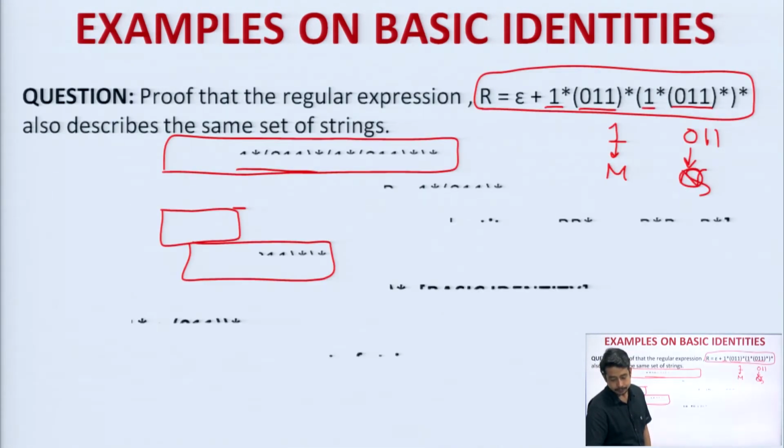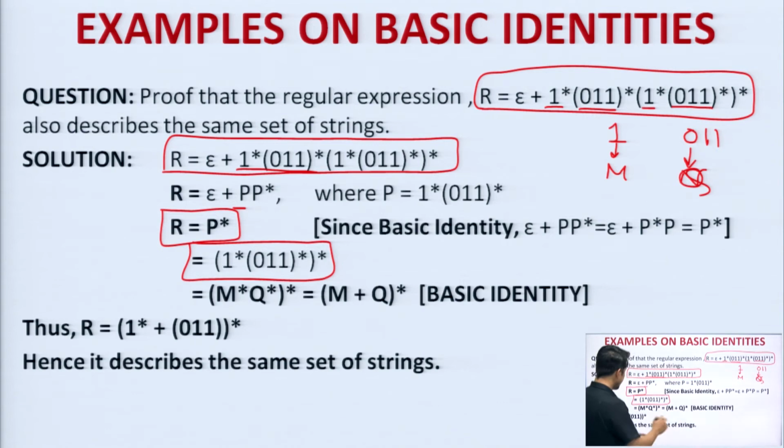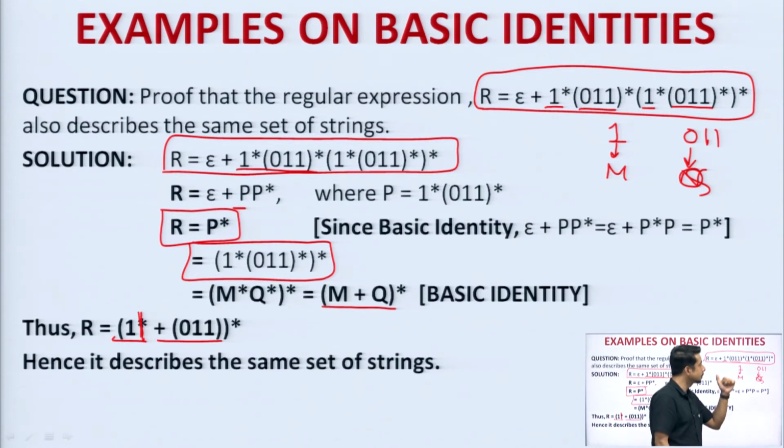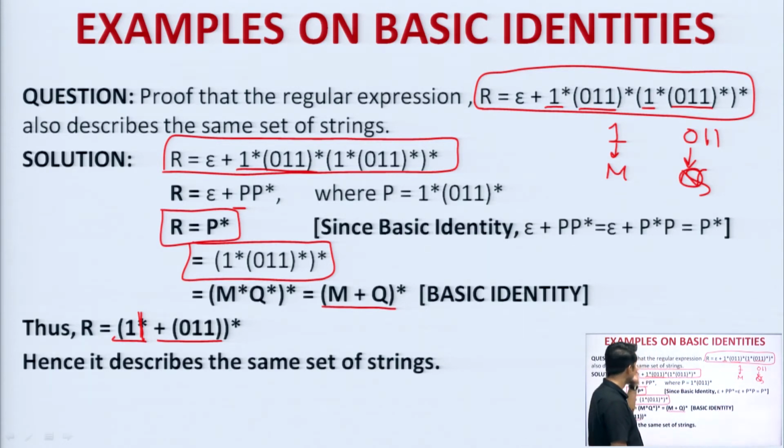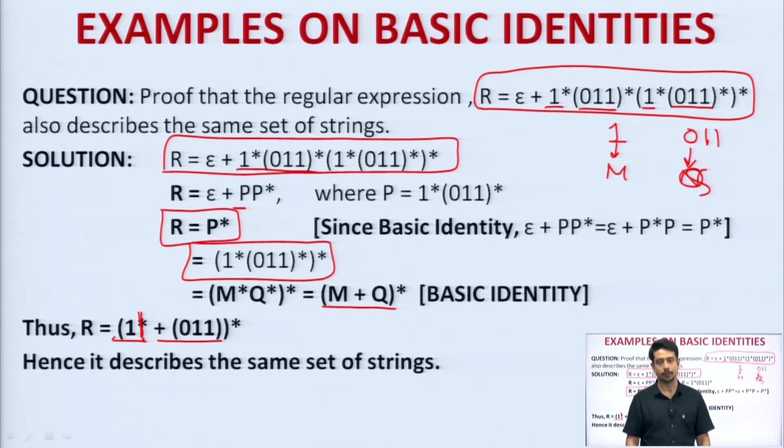So, that means I can write m star q star whole to the power star like this, and this is nothing but 1 plus 0 1 1 whole to the power star. I have got a simplified expression which describes the same set of strings, which are nothing but 1 and 0 1 1. So, this is the general solution of this question.